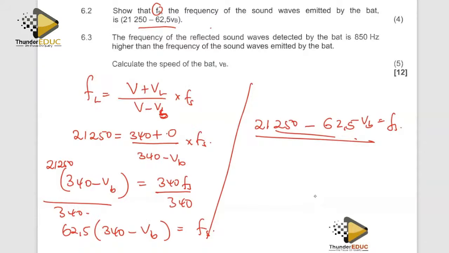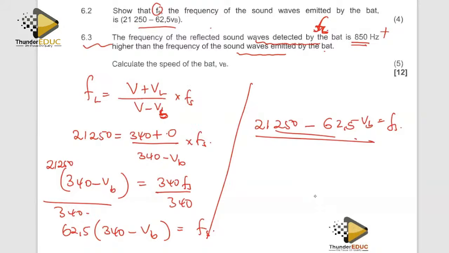Then next, 6.3. They're telling us about the frequency of the reflected sound detected by the bat. Now, if it is detected by the bat, the bat is now the listener, which means the frequency of the listener is 850 higher than the frequency of the sound waves emitted.